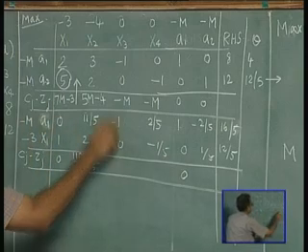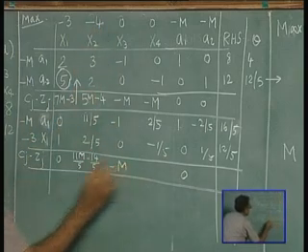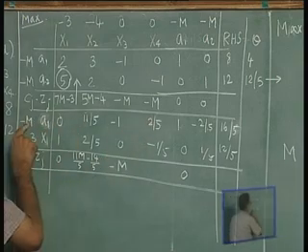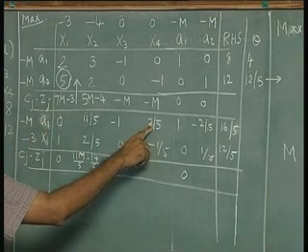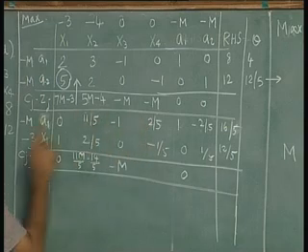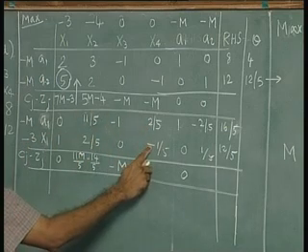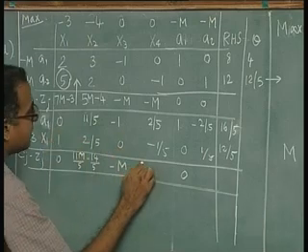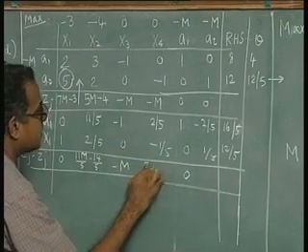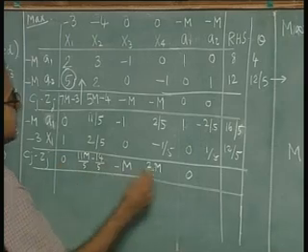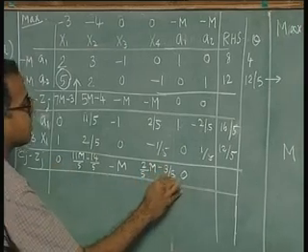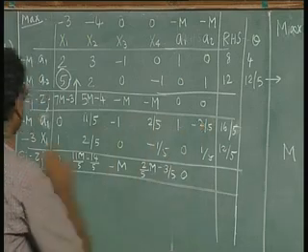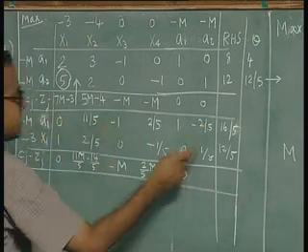This is plus m, so 0 will give us a minus m. This is minus 2m by 5 plus 3 by 5. So 0 minus 2m by 5 is plus 2m by 5 minus 3 by 5.